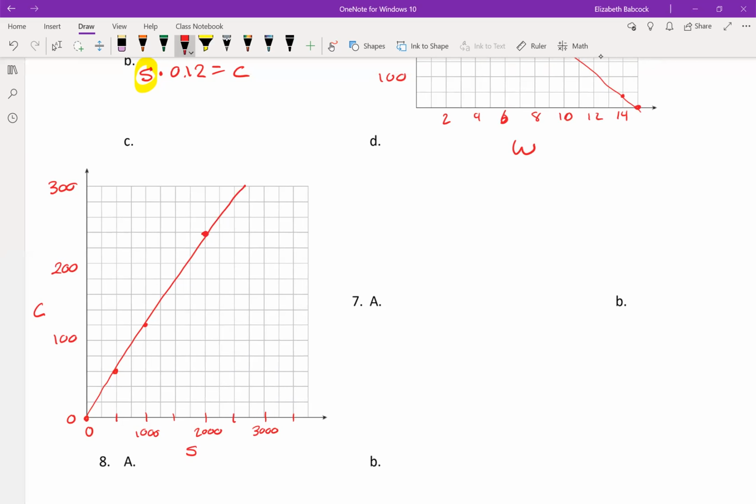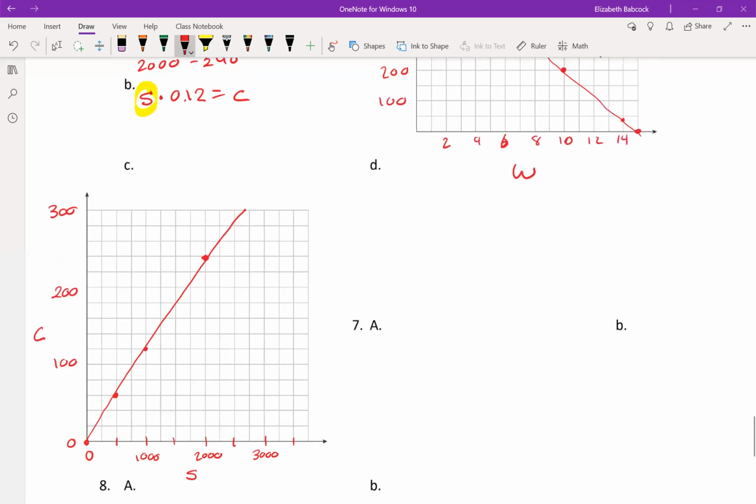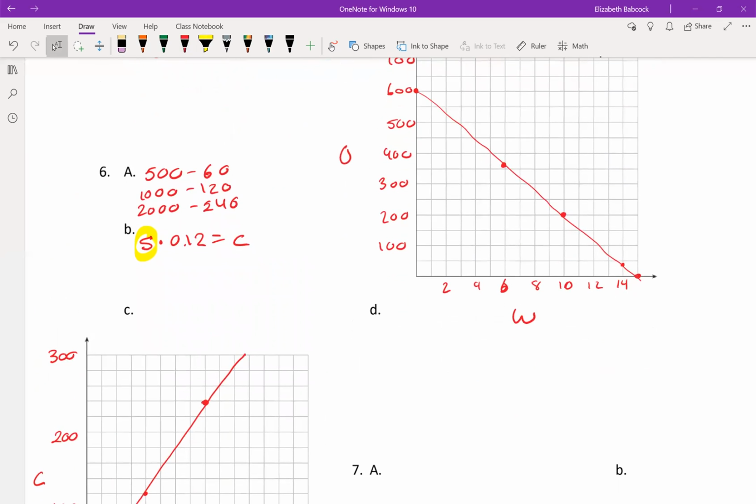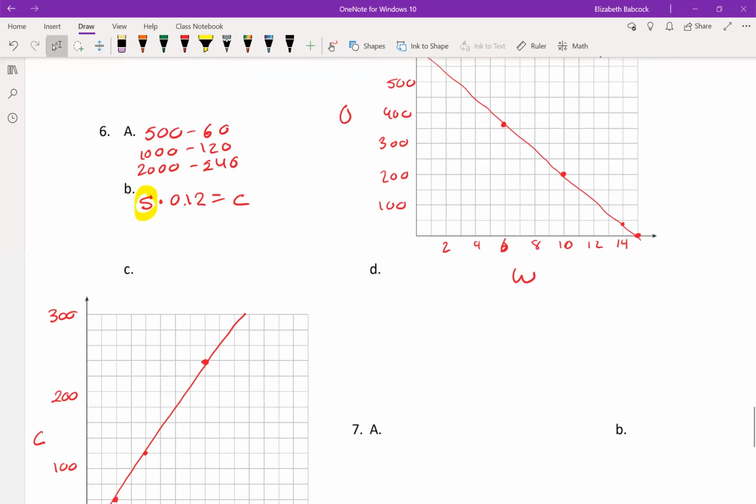That's it. Okay, so now if George earned a commission of $210, how much did he sell? That's working backwards, just like we did in the example question where we were told how much they made. So 210 divided by 0.12.